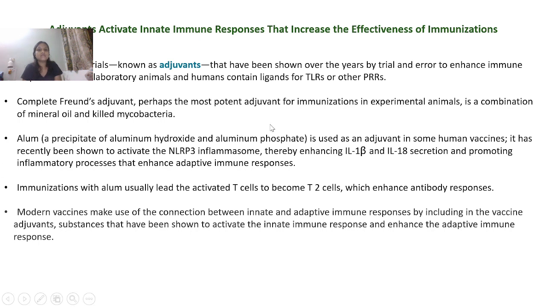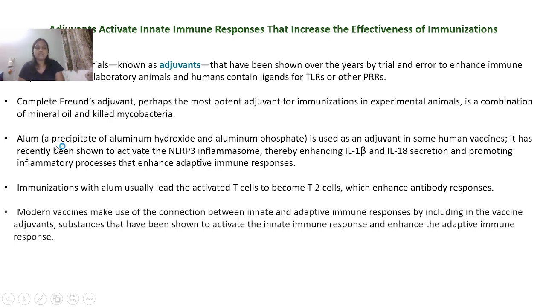So for vaccination, the use of an adjuvant will increase this immune response. For example, here killed mycobacteria with a combination of mineral oil is given, which will help these mycobacteria and will increase the innate immune response inside the body.